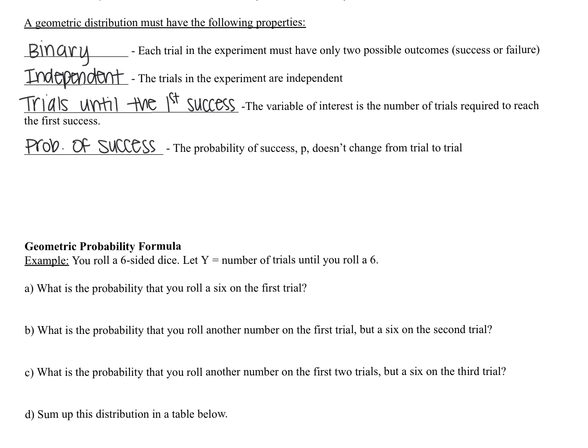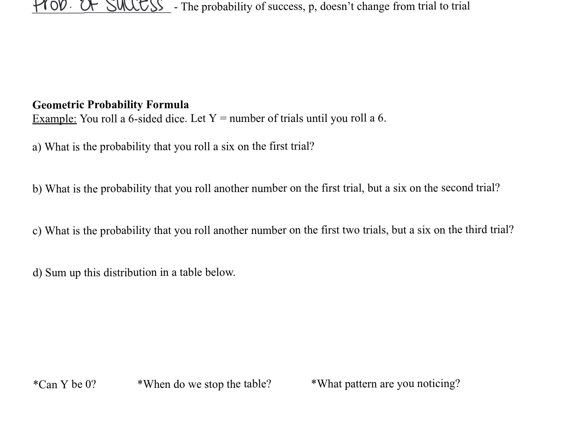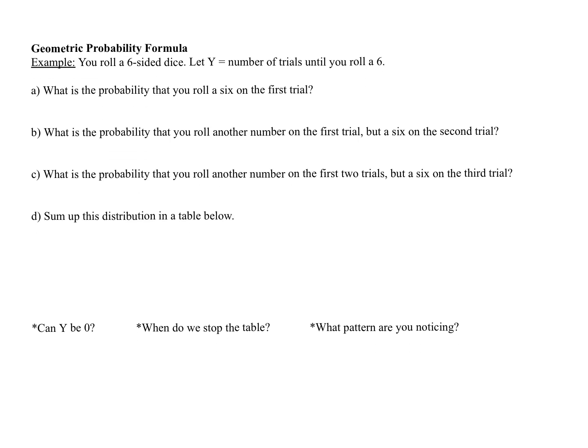So the way we're going to get to our geometric probability formula is very similar. We're going to look through an example. So if we roll a 6-sided die, and Y is going to be the number of trials until you roll a 6. So if I look at the probability that you roll a 6 on the first trial, there are 6 outcomes on a die.